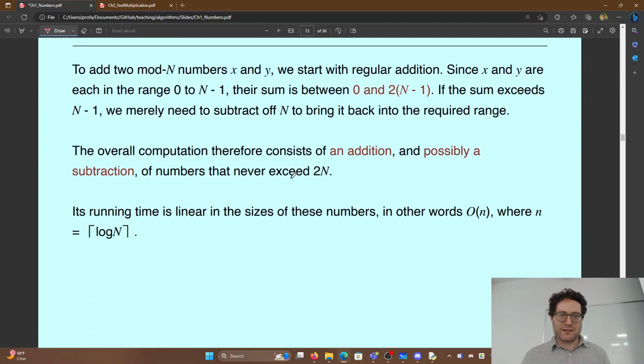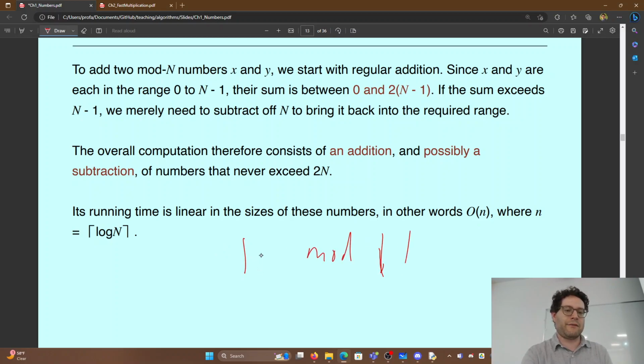So modular addition. Let's talk about some facts about modular addition that we can just kind of know. Going back a bit more to basics. Since x and y are each in the range of 0 to n minus 1, their sum is between 0 and 2 times n minus 1. That makes sense, right?